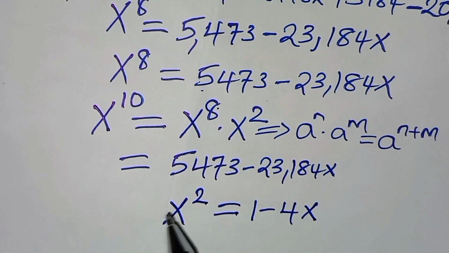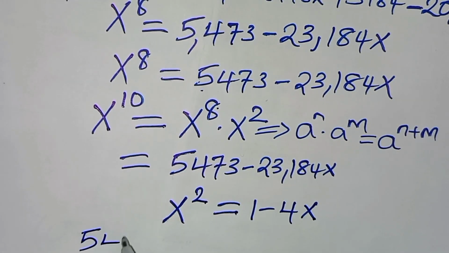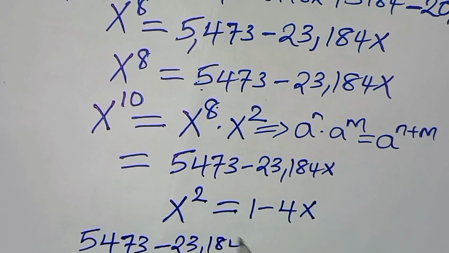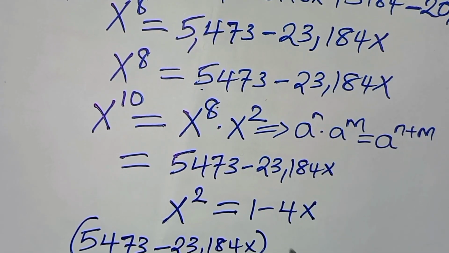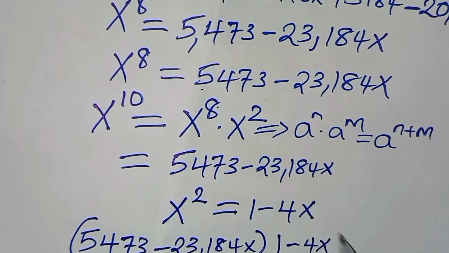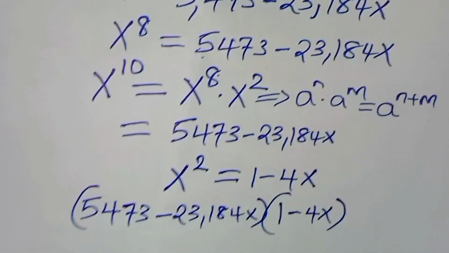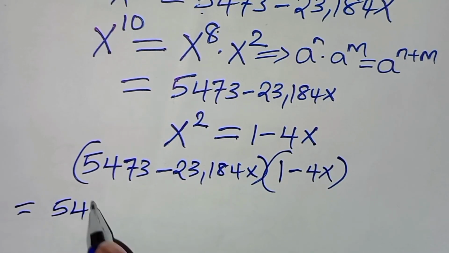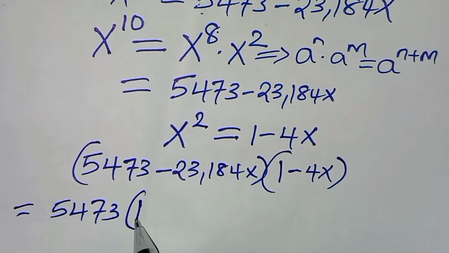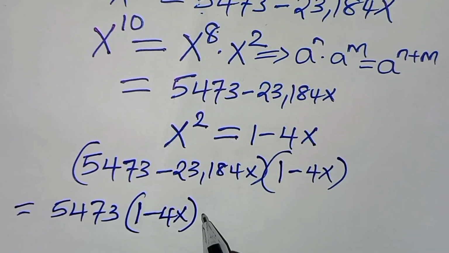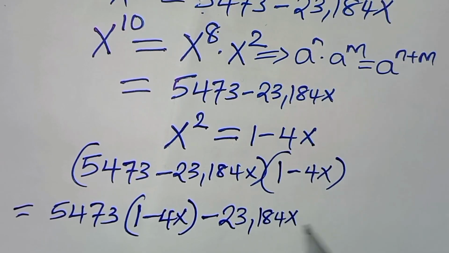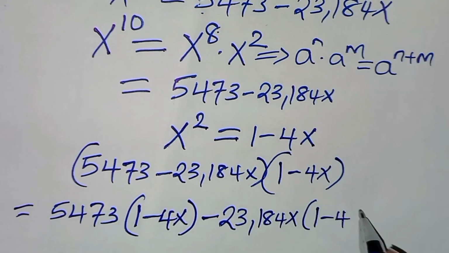Now let's proceed here. We have that x to the power 10 is 5473 subtract 23,184x multiplied by 1 minus 4x. So here we'll have 5473 multiplied by 1 minus 4x, subtract 23,184x multiplied by 1 minus 4x.